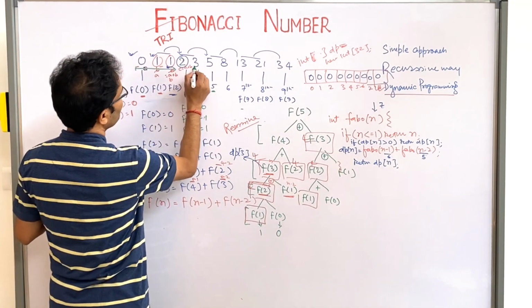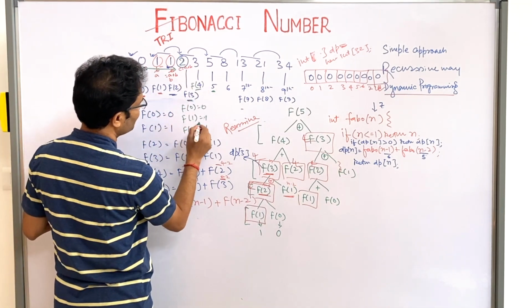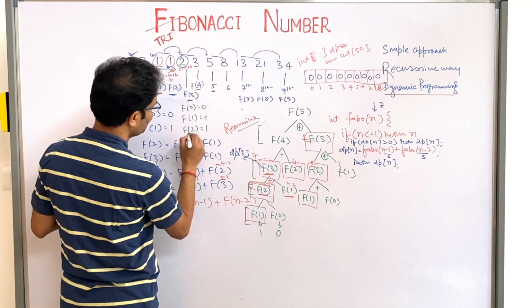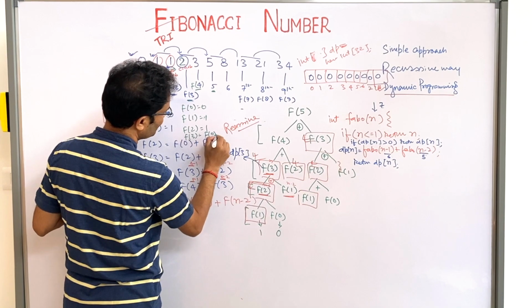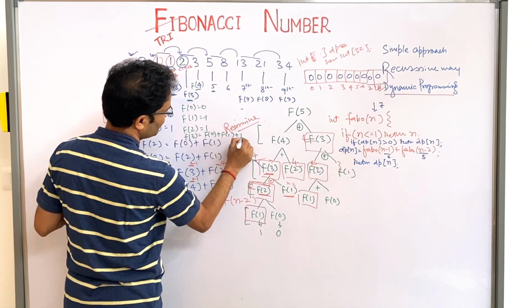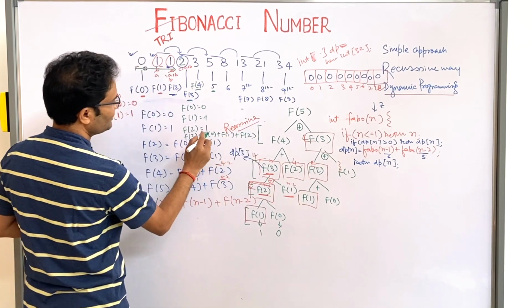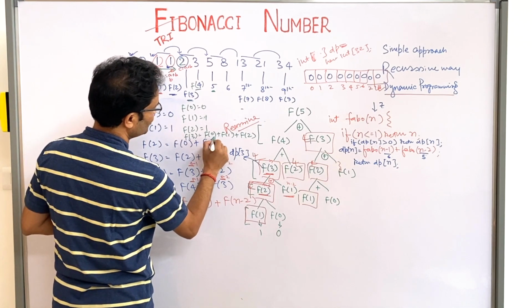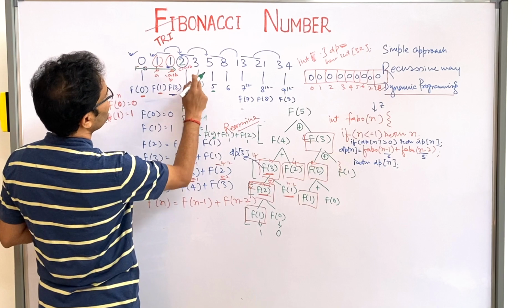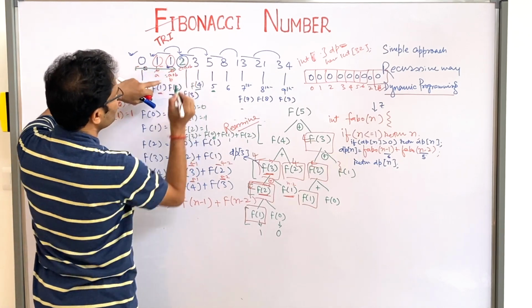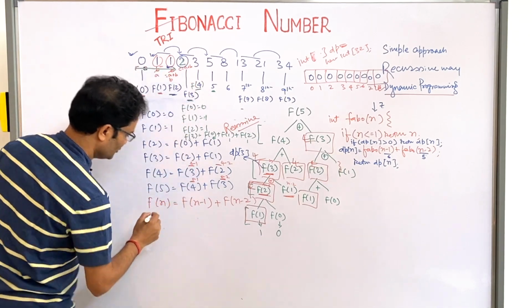Now for the next one, F3, it will be F0 plus F1 plus F2. So F0 is 0, F1 is 1, F2 is 1, so it is 2. So F3 is equal to 2, right? Now go for F4.